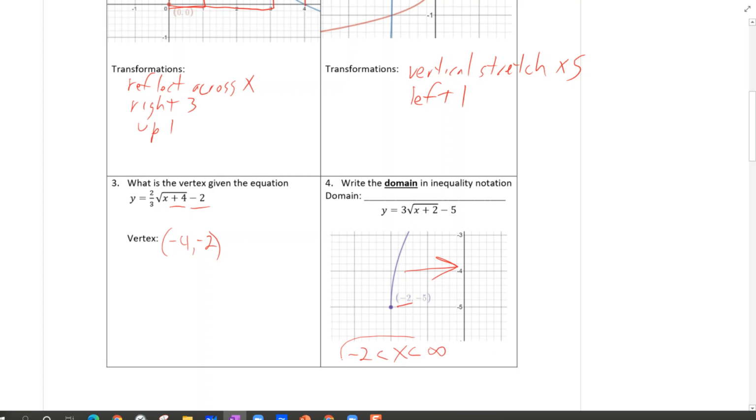Or, remember, if it has an infinity, we can just do this part and say x is greater than or equal to -2. If we're doing interval notation, which we're not, it'd be -2 to infinity. It does touch -2. It can never reach infinity.